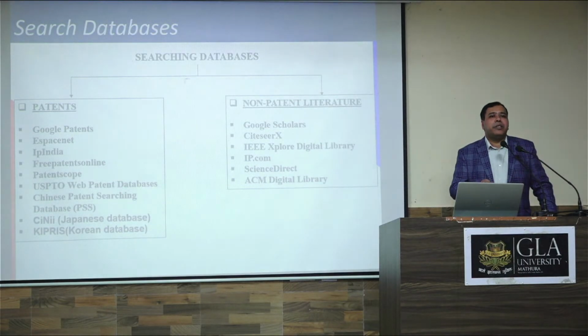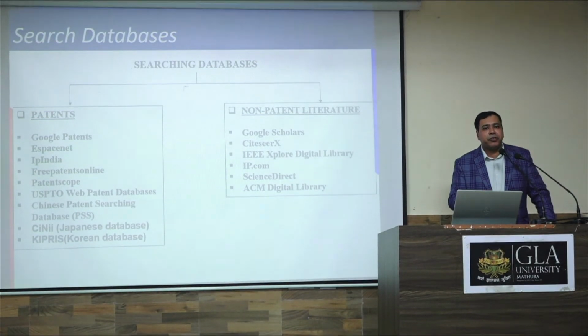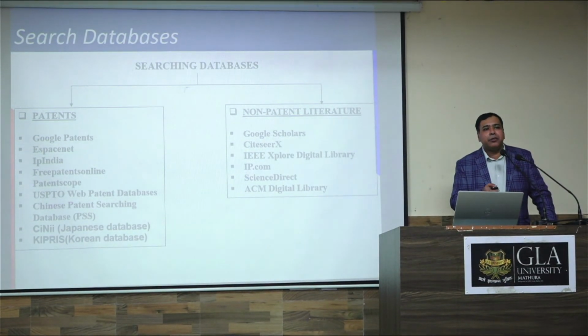Okay. So these are the databases that you could use to understand whether your technology is novel or not. If you see on the left hand side, there are a lot of patent databases listed just for information which you could use. I would say primarily go to Google Patents.